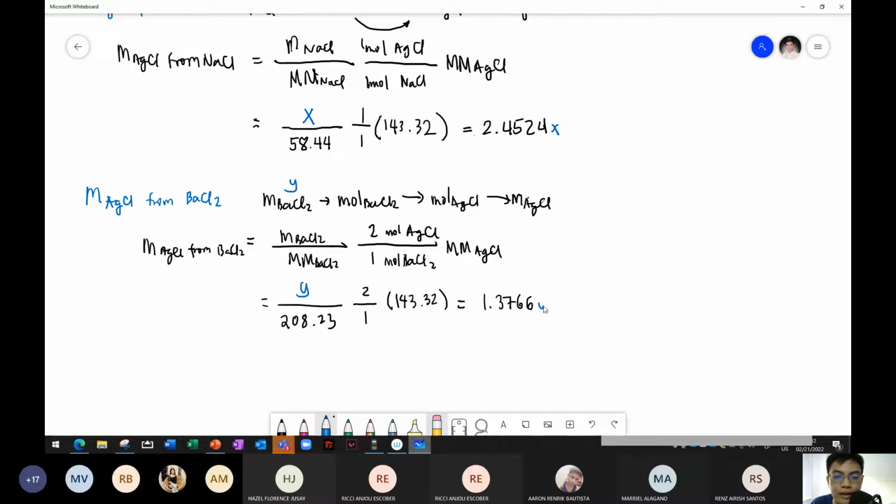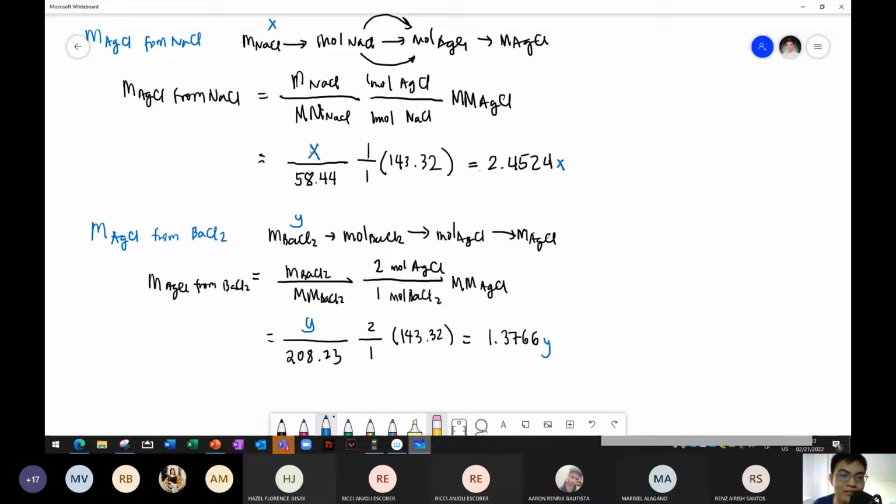Okay? So, ibig sabihin, whatever the mass of your barium chloride is, i-multiply mo lang siya sa 1.3766, makukuha mo na yung mass ng AgCl. Okay? So, ganun lang. Ganun din dito. Whatever the mass of NaCl is, multiply mo lang siya sa 2.45 something, makukuha mo na yung mass ng AgCl.